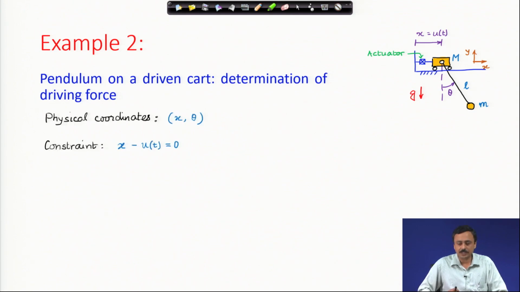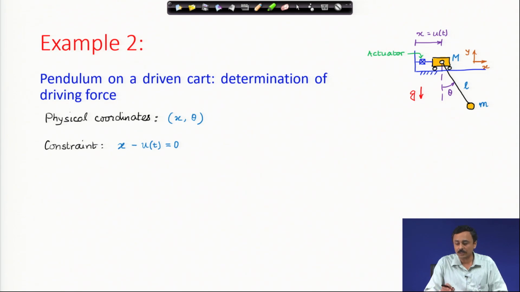We come to the physical coordinates because we have to break the constraint. What is the constraint? The constraint is x must follow this motion profile, x must be equal to u of t. I break that constraint. I take x as a coordinate, I take theta as a coordinate.